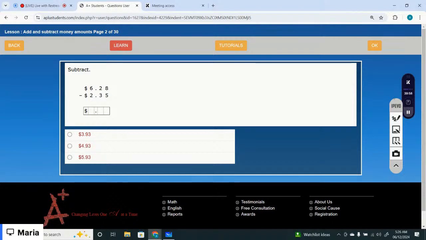That is 3.93. Option number 1 is the correct option.